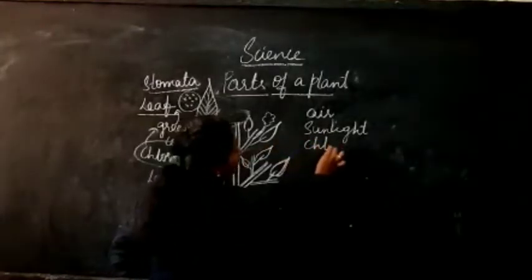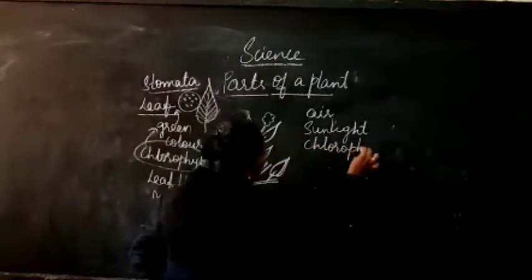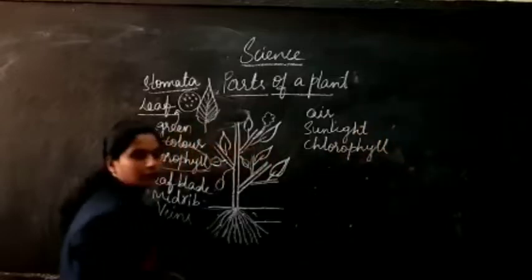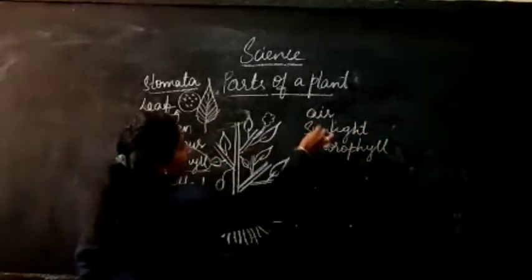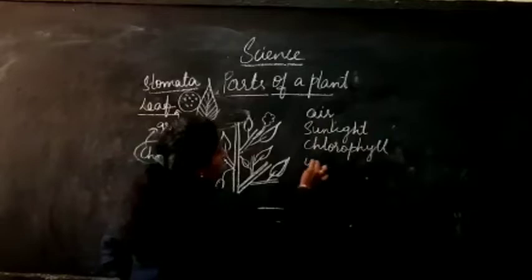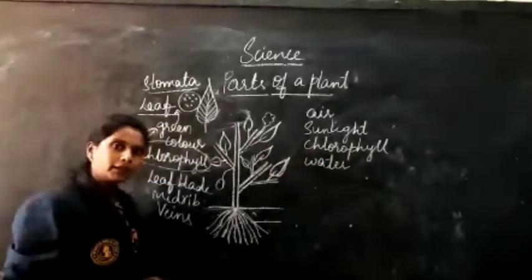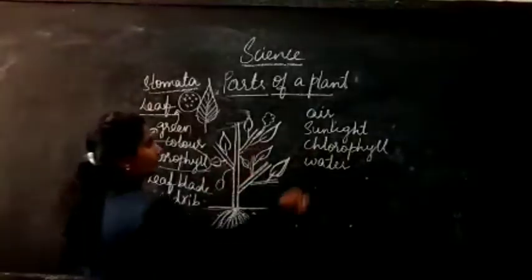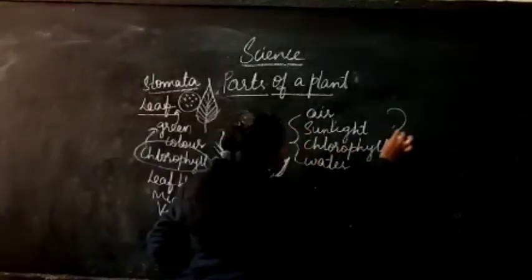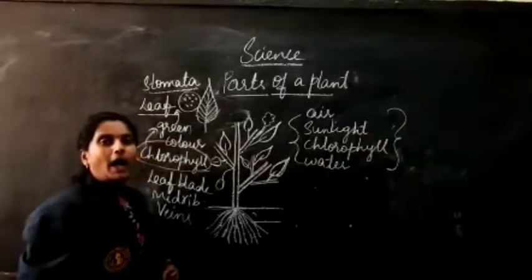Third one is chlorophyll. I told you now that plant leaves are green in color because of chlorophyll. So air, sunlight, chlorophyll and also water, and they prepare food. With the help of these four things, plants prepare food.